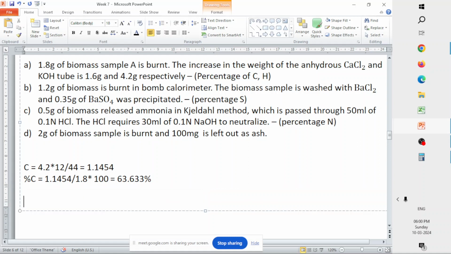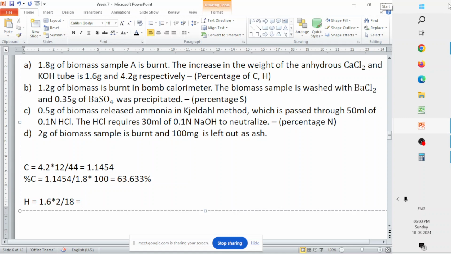The CaCl2 is used for absorbing your water molecule. So similarly, if we calculate, the increase in the weight of your anhydrous CaCl2 tube is 1.6 grams, that times 2 divided by 18.